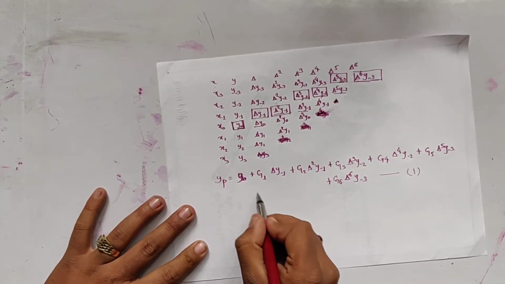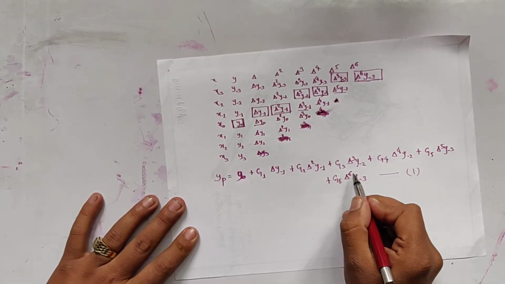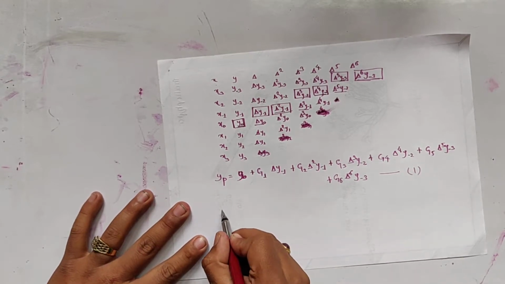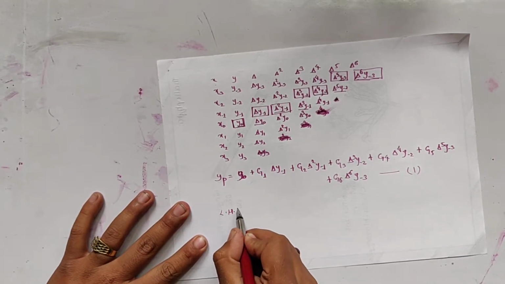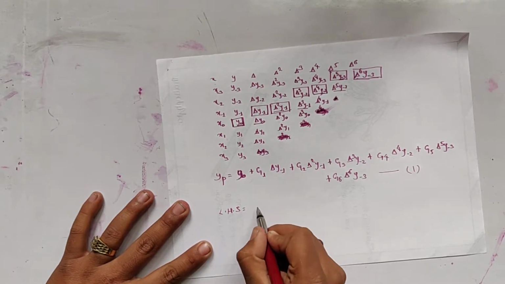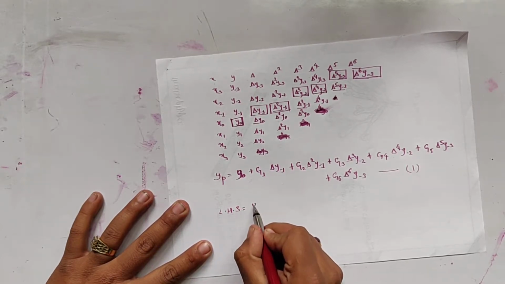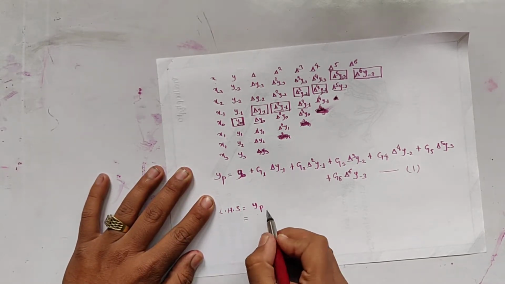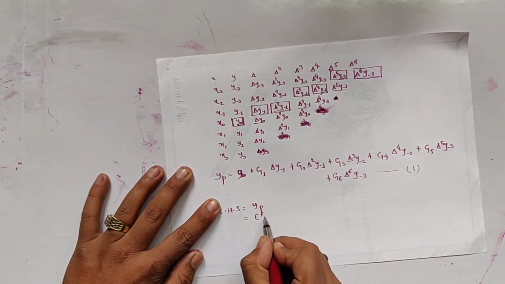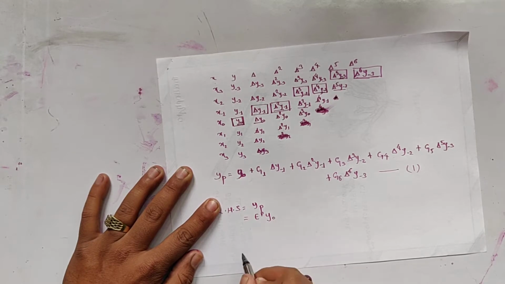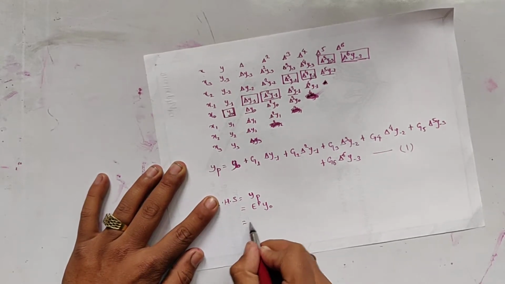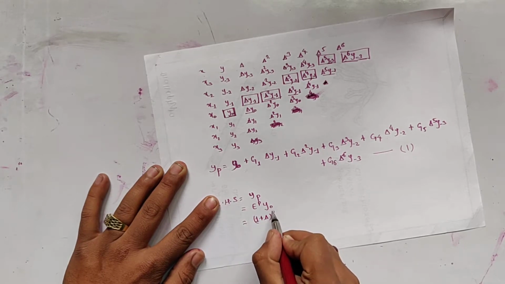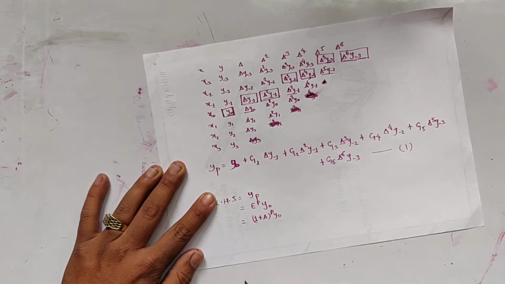Now g1, g2, g3, g4, g5 and g6 are constants. For the LHS, we use the same process as in Gauss forward. The LHS is yp, and by using the shifting operator, that is E power p y naught. E means 1 plus delta, as we used in Gauss forward interpolation.